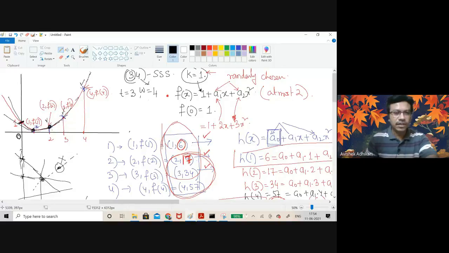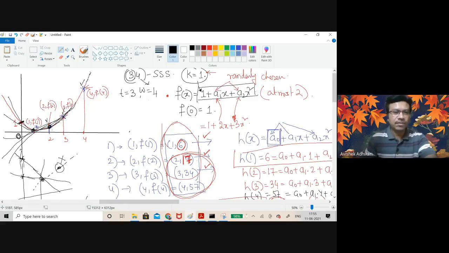What does it mean? That curve will then cut the y-axis at infinitely many points. There will be infinitely many curves which pass through these points, because that is not a 1-degree curve then. It was a 2-degree curve, and there exist infinitely many such 2-degree curves which pass through these points.